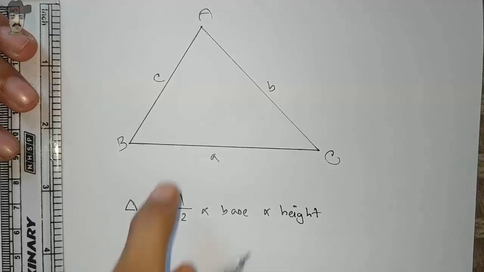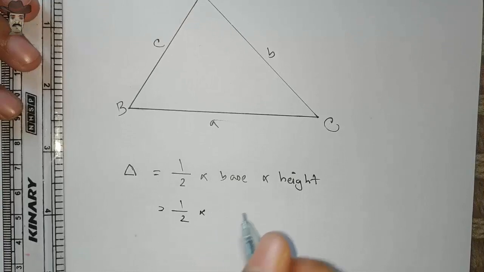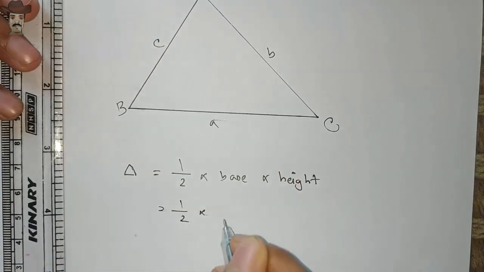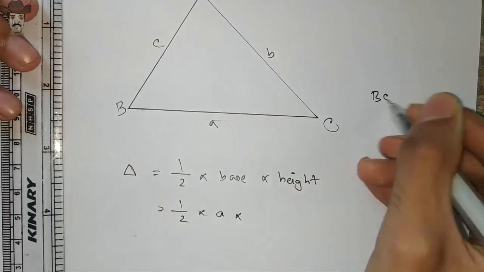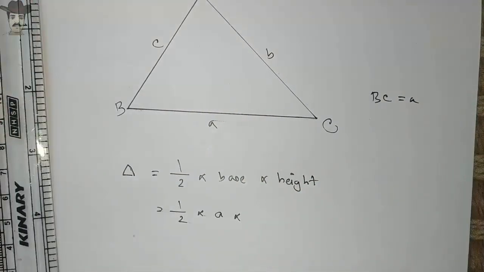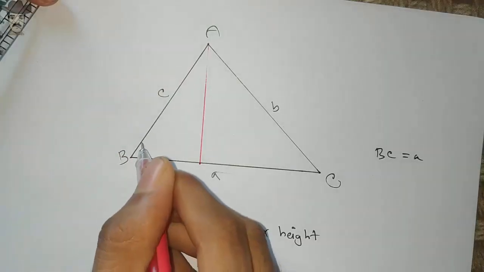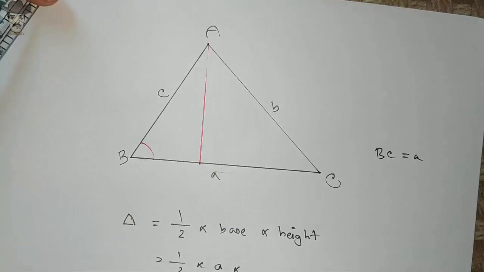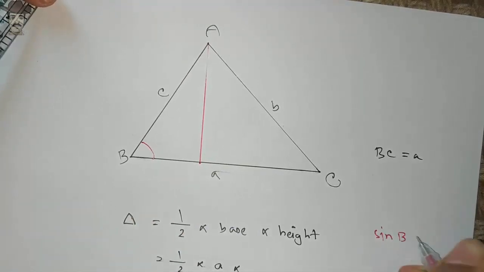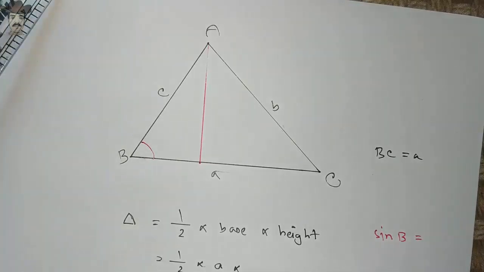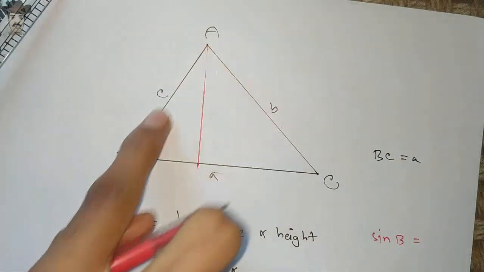In this case we can say that the base is simply BC or a, because BC equals a. Now what is the height? As this angle is B, we can say that sine B is equal to this side by this side.